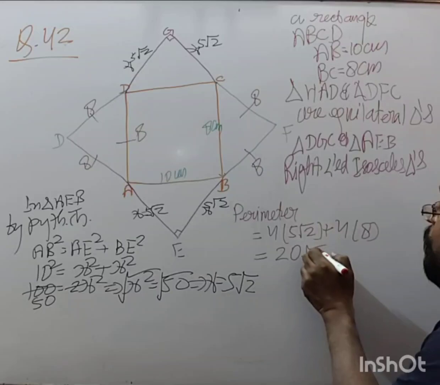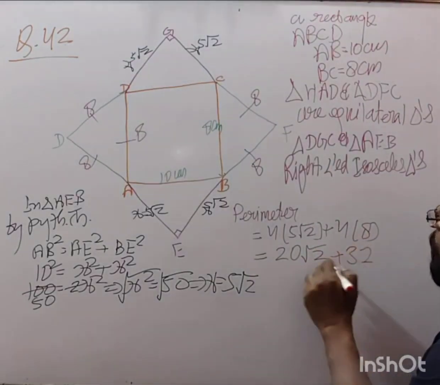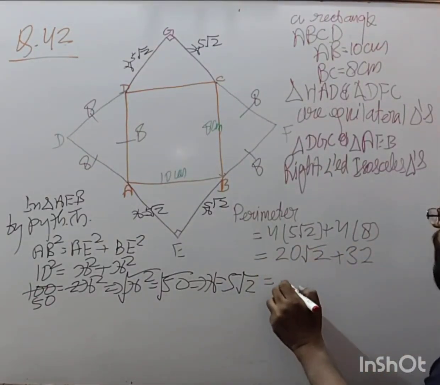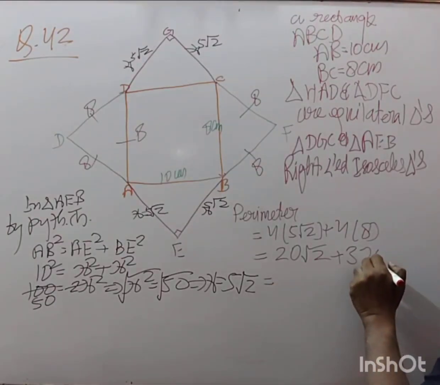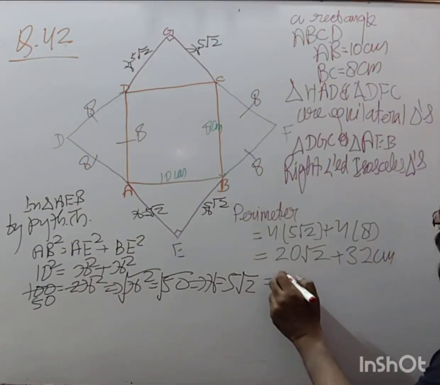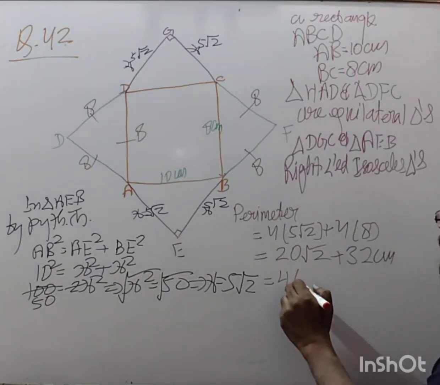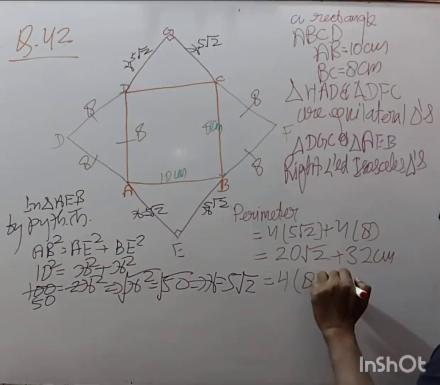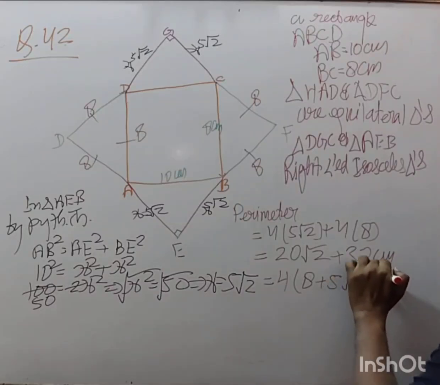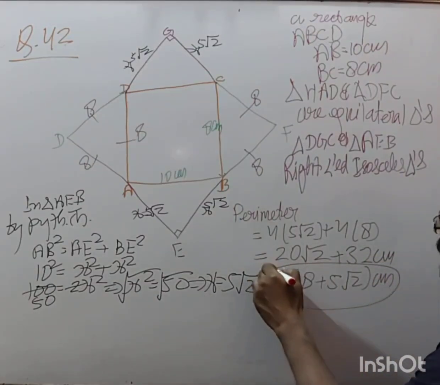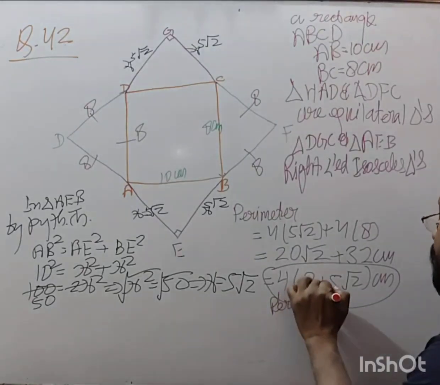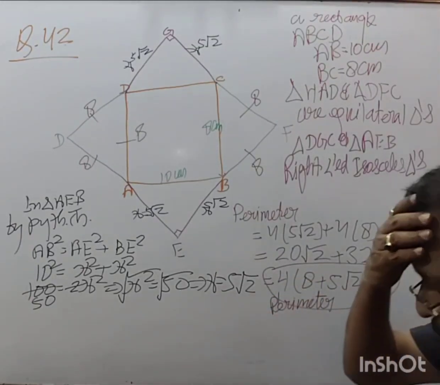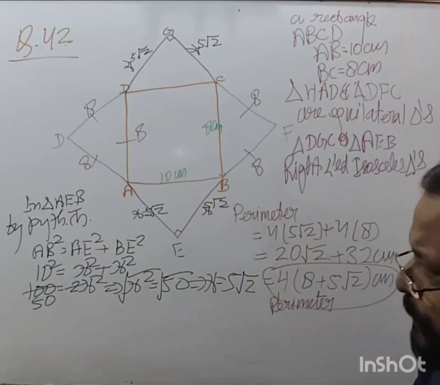So 20 root 2 plus 32. Or we can take 4 as a common, it becomes 4 times (8 plus 5 root 2) centimeter. This is the perimeter we have. Okay. This much we have.